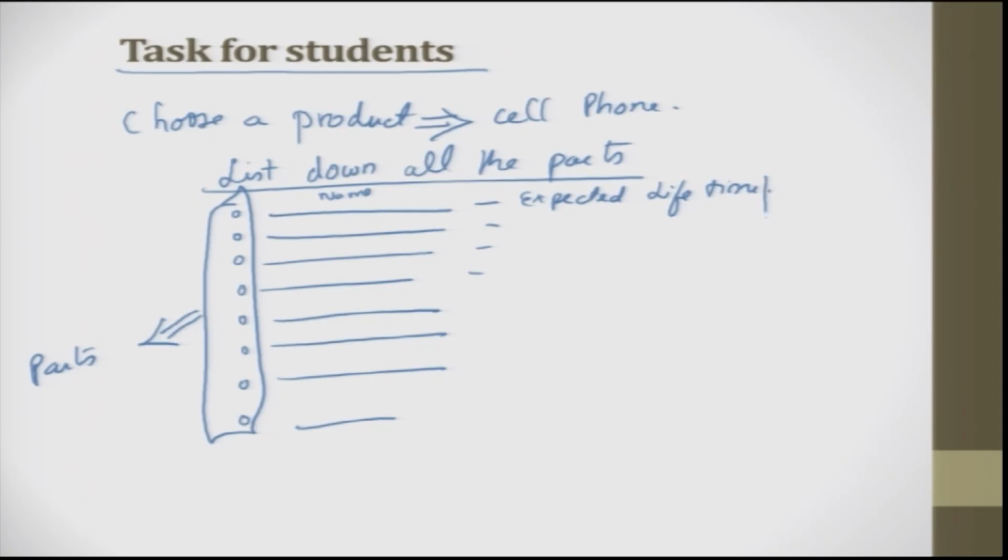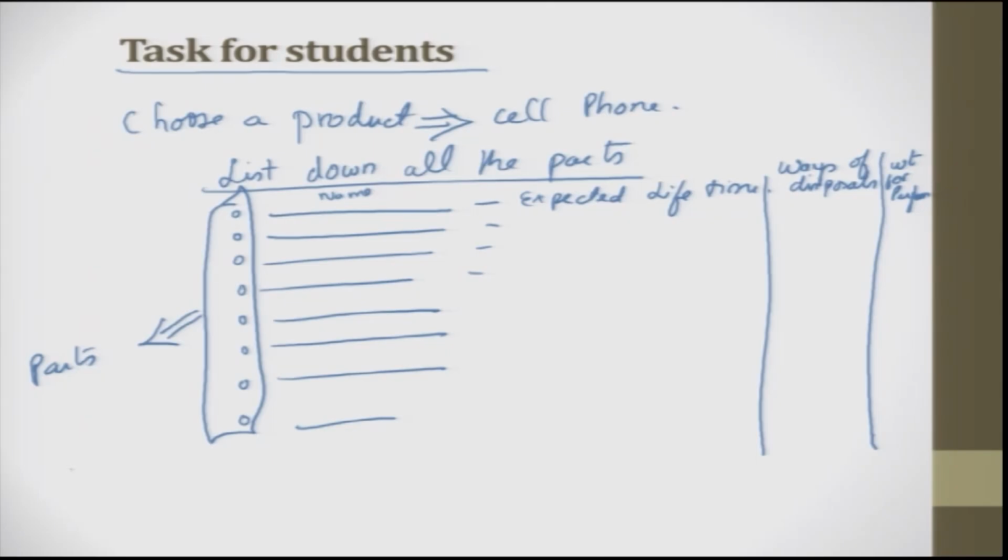Then you try to say the ways of disposal, and after that you also say what is the weightage of individual parts for the performance of the product.